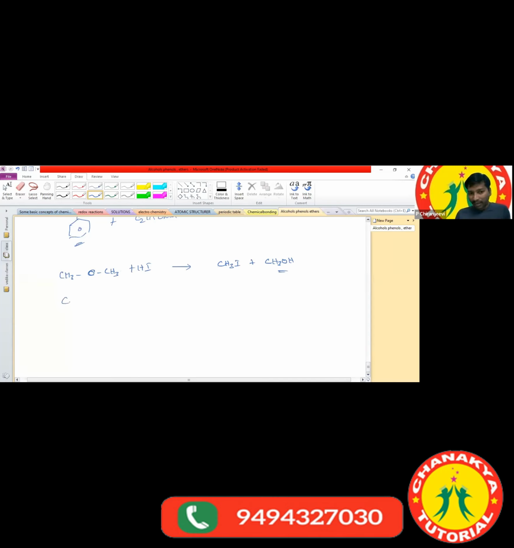If it is unsymmetrical, for example ethyl methyl ether, C2H5-O-CH3, treated with hydrogen iodide, iodine is going to be attached to the lower alkyl group, meaning the side with fewer carbon atoms. That forms methyl iodide, and the other part is converted into the alcohol, C2H5OH.